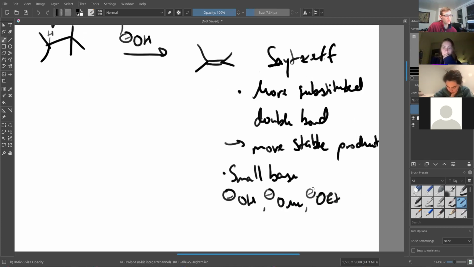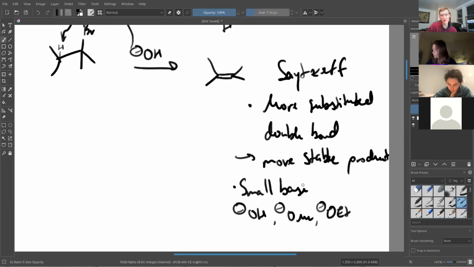O-ethyl will probably count as small. Once you start getting into O-isopropyl, it's kind of sketchy. So if you do see O-isopropyl, you could probably take it as being the Zaitsev product, but it gets kind of iffy at that point.